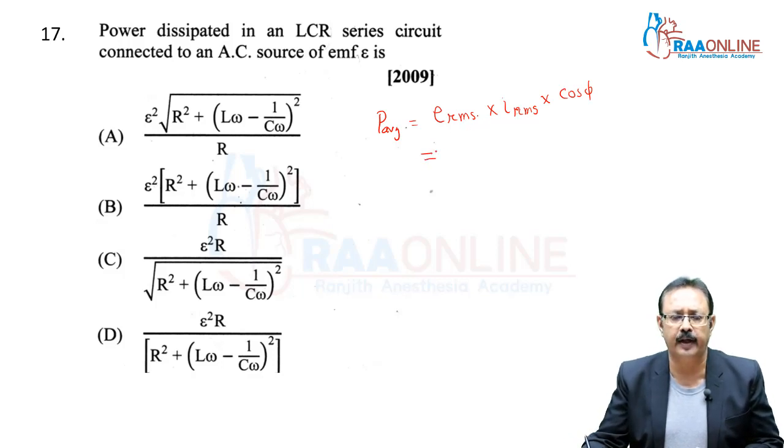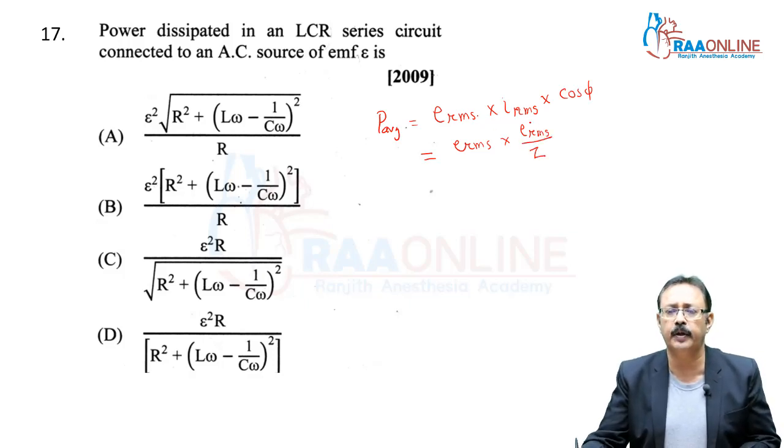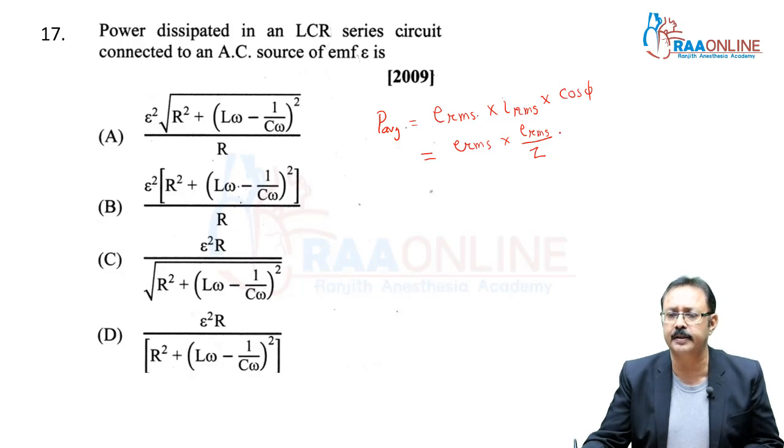IRMS is not given in any option. So for IRMS we are writing, by Ohm's law, I is equals to E upon R. When we are using more than one component, resistance means impedance, and cos phi is always R by Z.